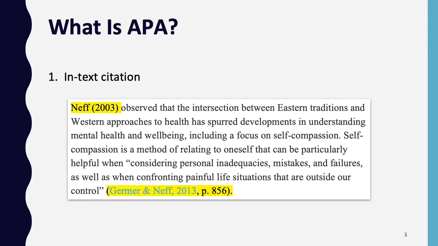APA directs us to include two pieces of information whenever possible: the author or author's last name or names, and the year of publication. If we are quoting language directly, we also mention the page number where we found the quote. These pieces of information can be included in the sentence itself or put inside parentheses at the end of the sentence.